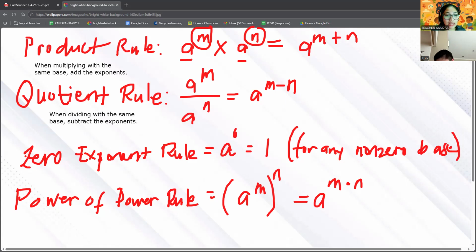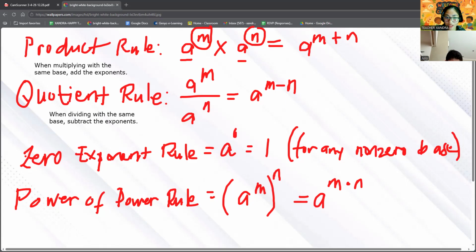Okay? Once again, when it comes to the product rule, if we have the same base, you just have to add the exponents. So A raised to M times A raised to N, same base, so it's A raised to M plus N. When it comes to the quotient rule, if we have the same base, subtract the exponents.